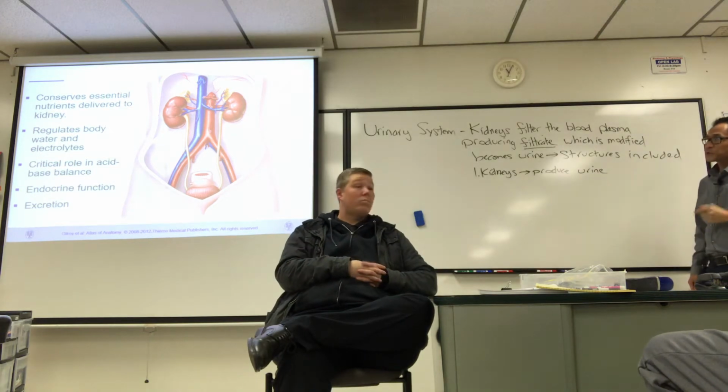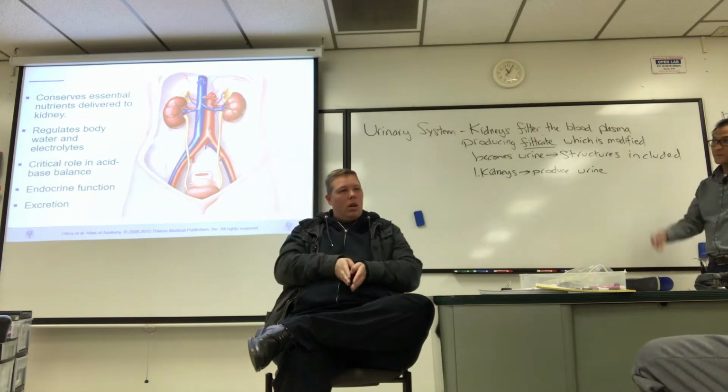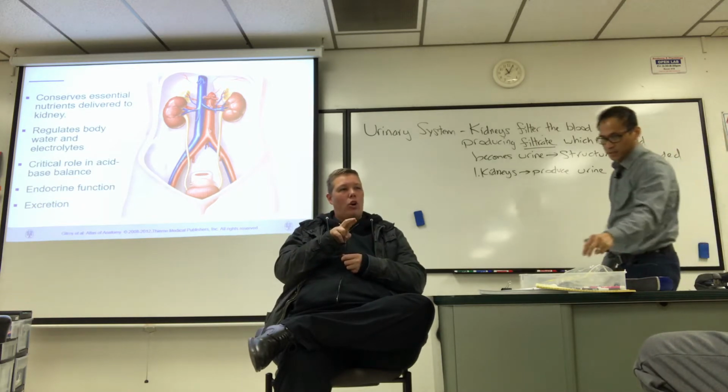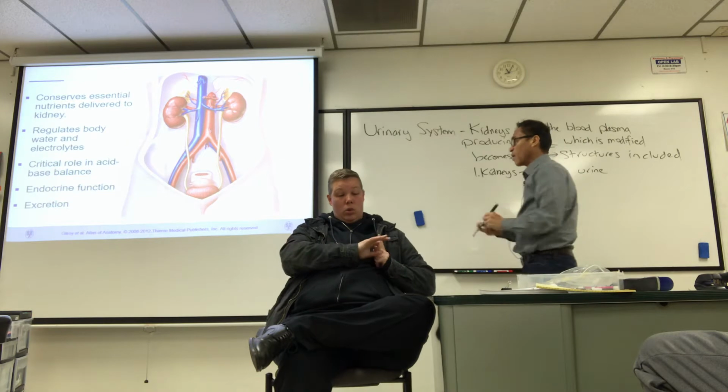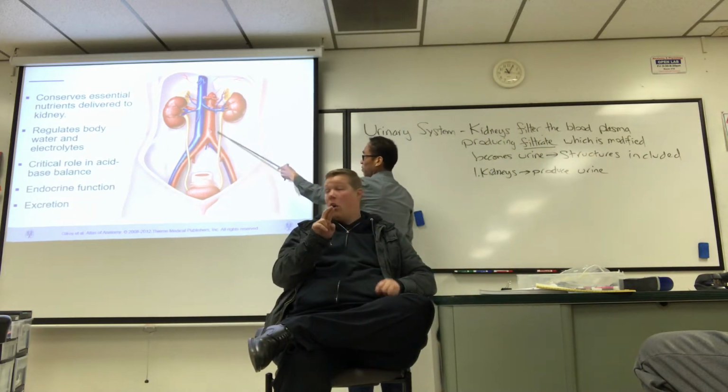And then the other structures are just kind of to funnel the urine down to store in the bladder. So the tube that goes from the kidneys down to the urinary bladder, this tube that carries it from there to there, are the ureters.